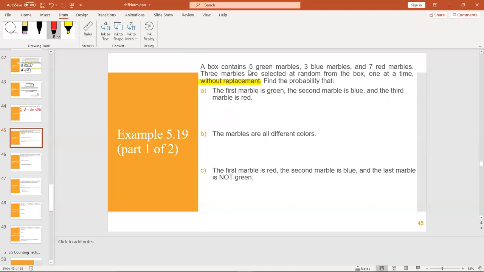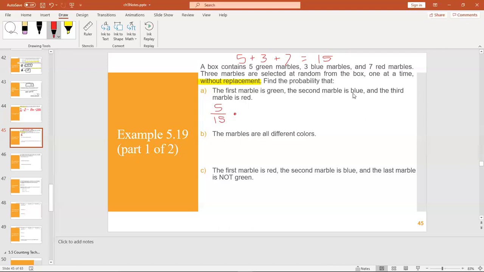For those keeping track, 5 plus 3 plus 7 gives me a grand total of 15 marbles at the very beginning. So what's the probability that I pick a green? Well, there are 5 greens to start with out of 15 to pick from for event number 1.